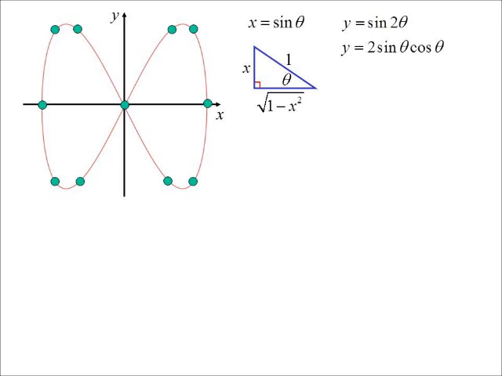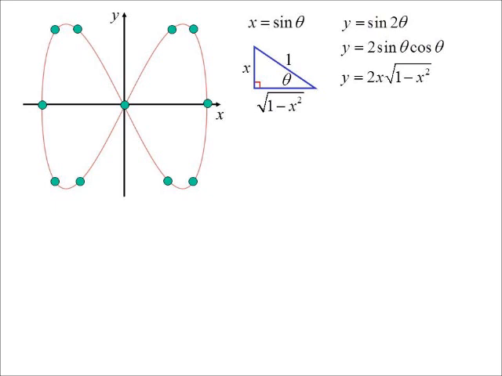Bit of Pythagoras, I could work out the third side would be the square root of 1 minus x squared. I can now substitute in for sine theta and cos theta. So sine theta would be x, cos theta would be the square root of 1 minus x squared. There's our equation. y equals 2x square root of 1 minus x squared.